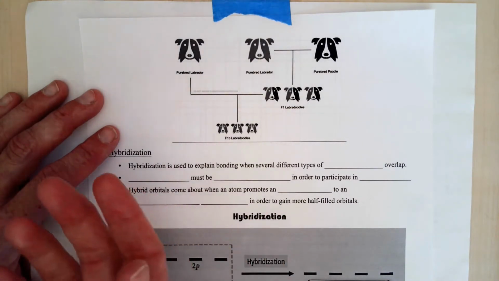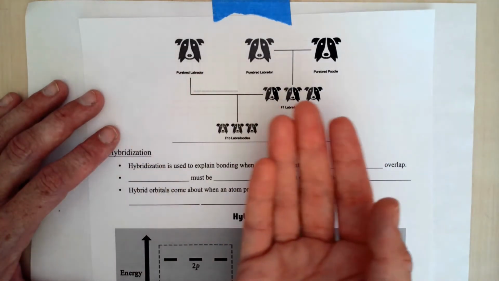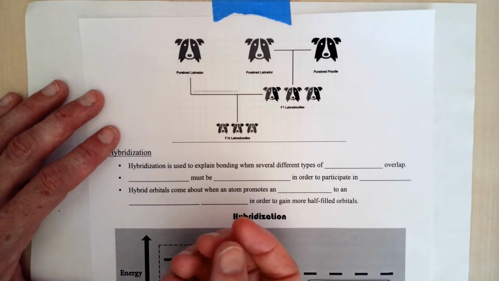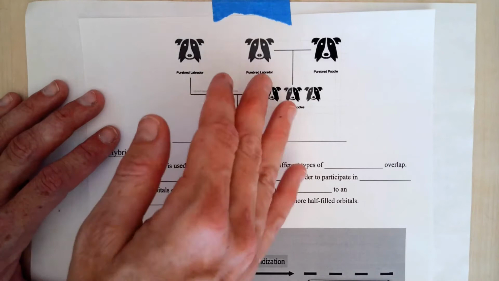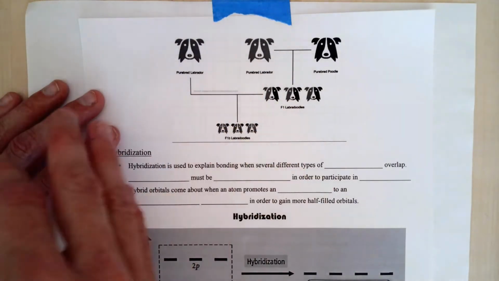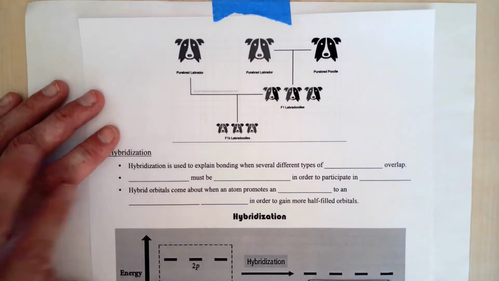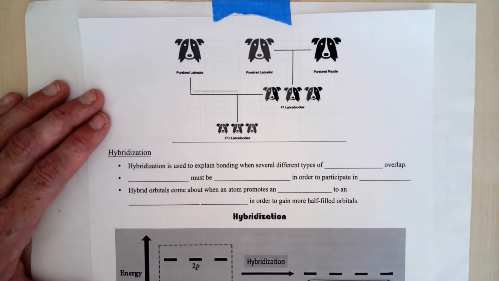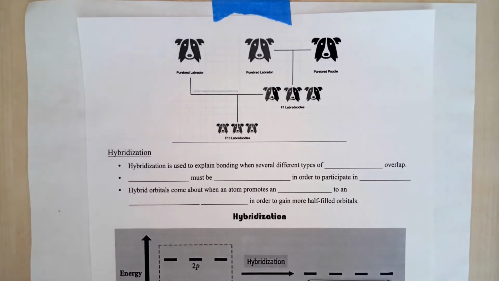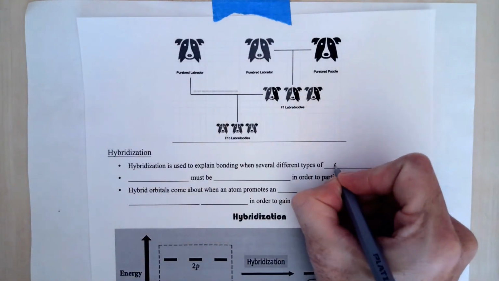For instance, we have two breeds of dogs, and we can mate them to create a hybrid breed, which has the characteristics of both of the original breeds. The same thing happens with our orbitals. They're going to look a little bit like the parent orbitals. Why hybridize? Hybridization is used to explain bonding when several different types of orbitals overlap.